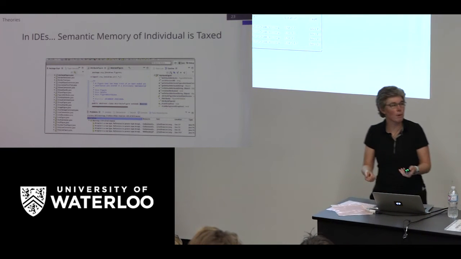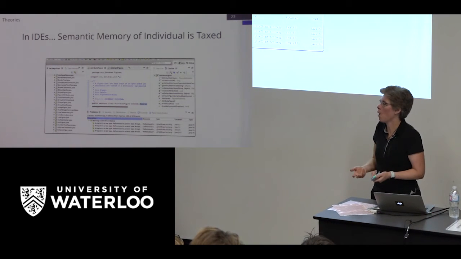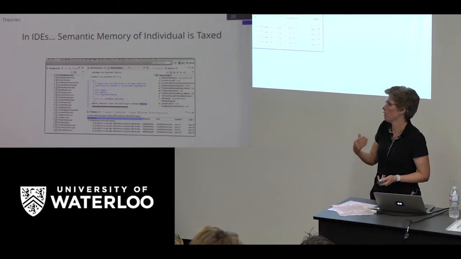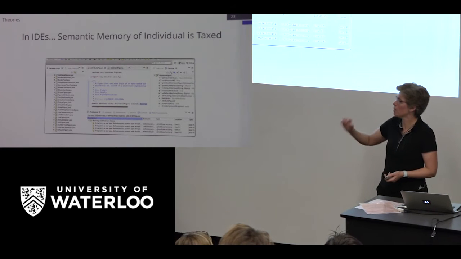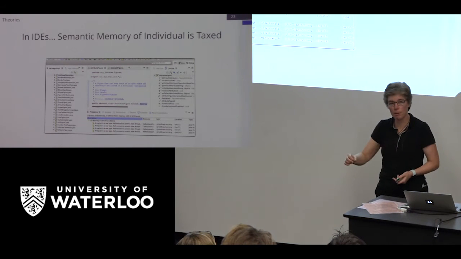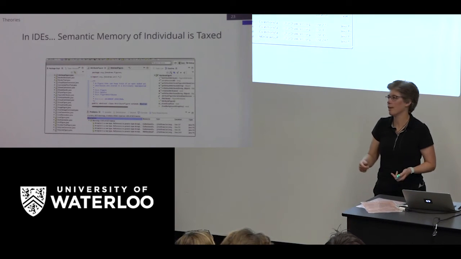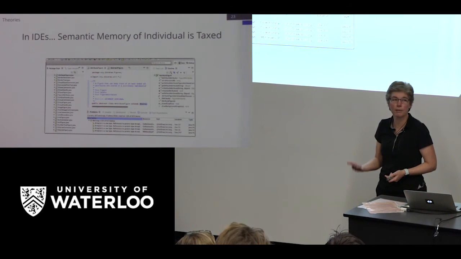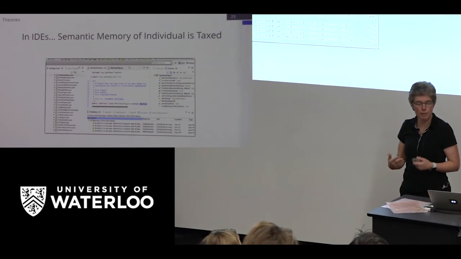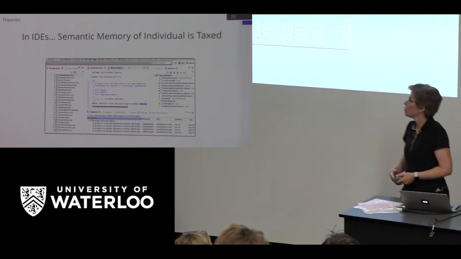We can remember things about the program if we see it over and over and over again. I'm sure you've worked with programs where you just know where such and such a feature is implemented because you've done it 45 times. Those multiple exposures build up that memory and help us be able to find it.